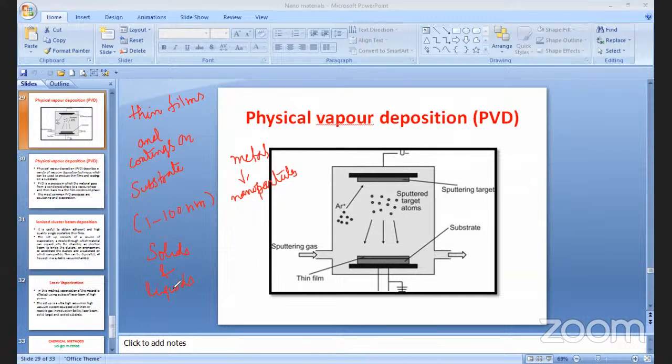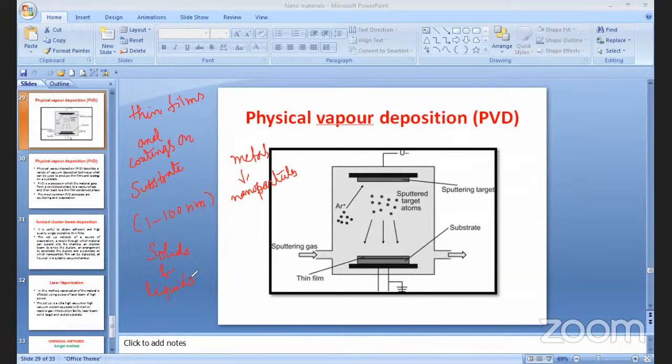The solid particles are produced by the nucleation and the condensation of the vapor during the cooling process.